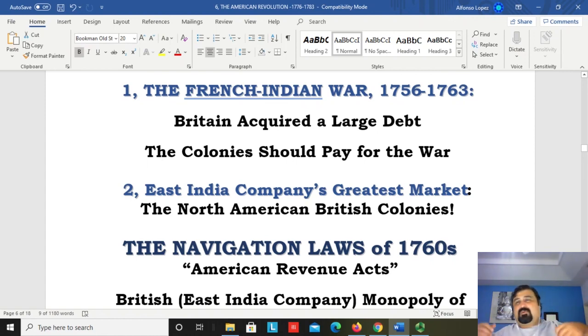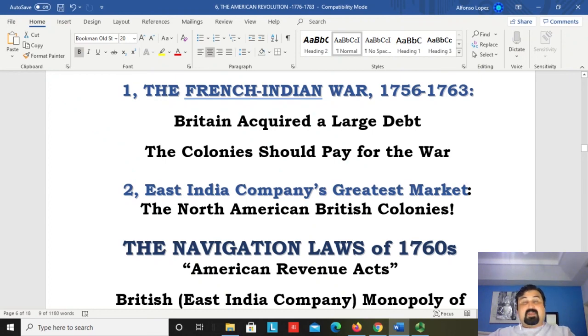Enormous resources were needed to bring all this tea from India across a long stretch, and they're not selling it. So what the members of parliament, along with this company, are going to think is that there is a market that they have not totally taken control of, and that is the North American market.